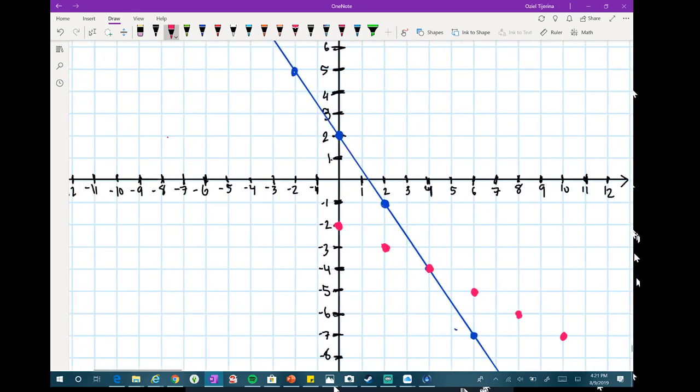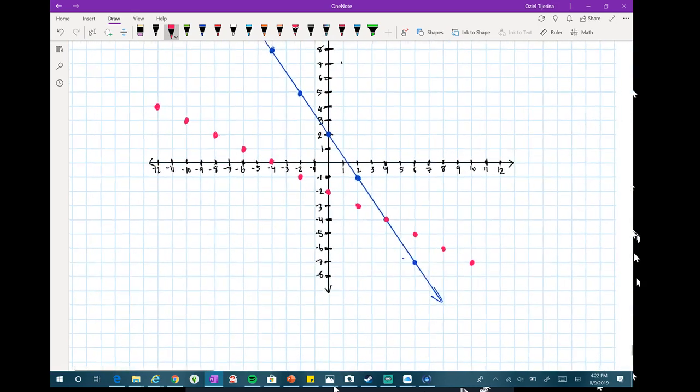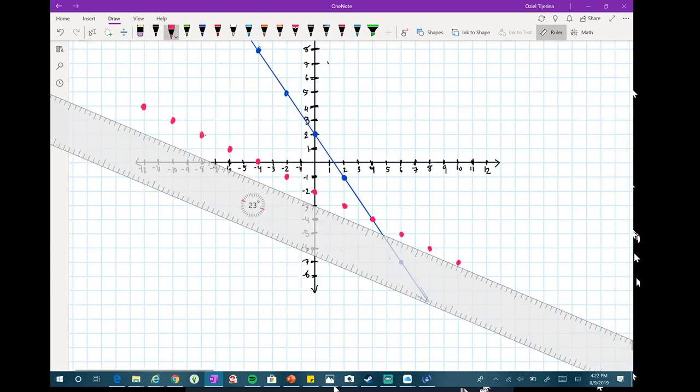And then you do up 1 and left 2, repeating that several times. And then you go ahead and trace it. So then you have something like this.